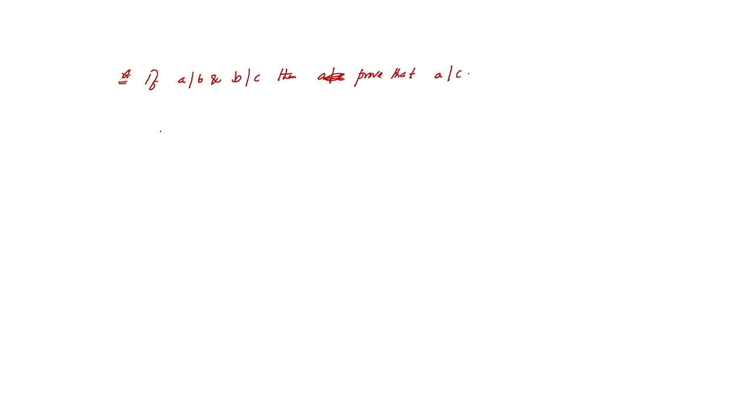So what is exactly given? It is given that a divides b and b divides c. What we have to prove is that a divides c.